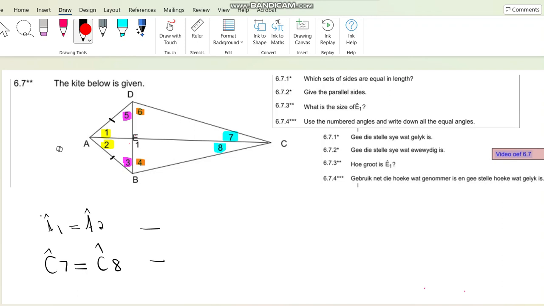Because if that angle is, let's say, 30 degrees, then if the diagonal line halves that angle, it just means that both of these would be 15 and 15. I'm not saying that is what the angle is, I'm just giving an example. It's the same as this. If that was 90 degrees, then that would be 45 and 45. So they will be the same and they will be the same.